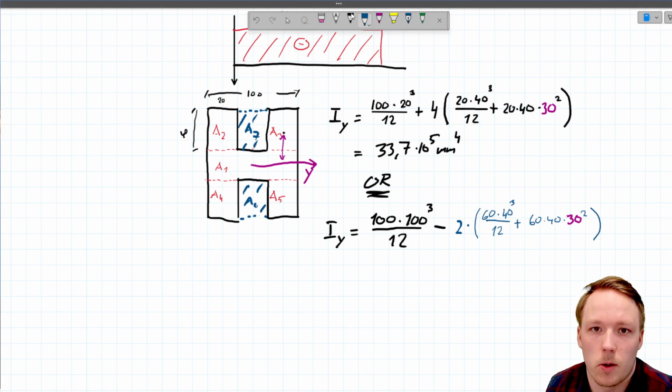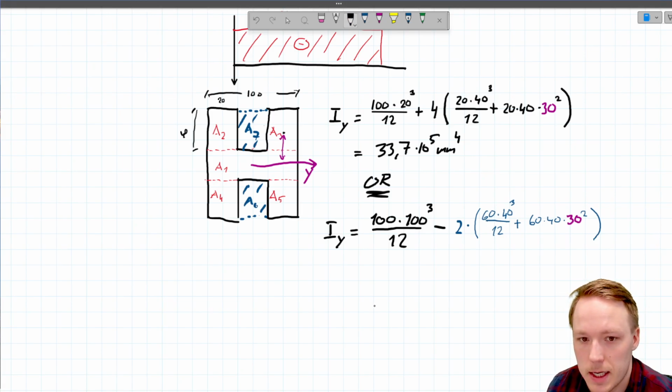And when we calculate this one, what we get is exactly the same result as before, 33.7.